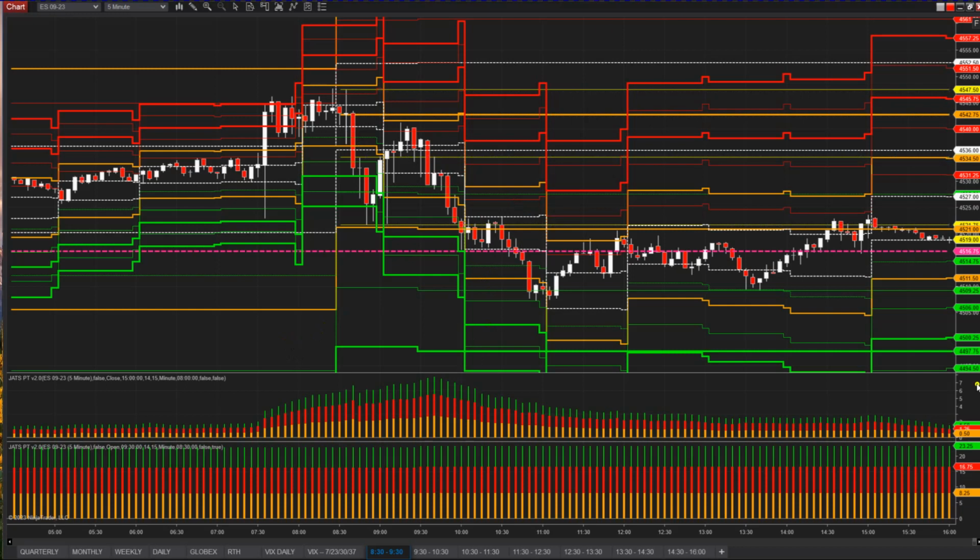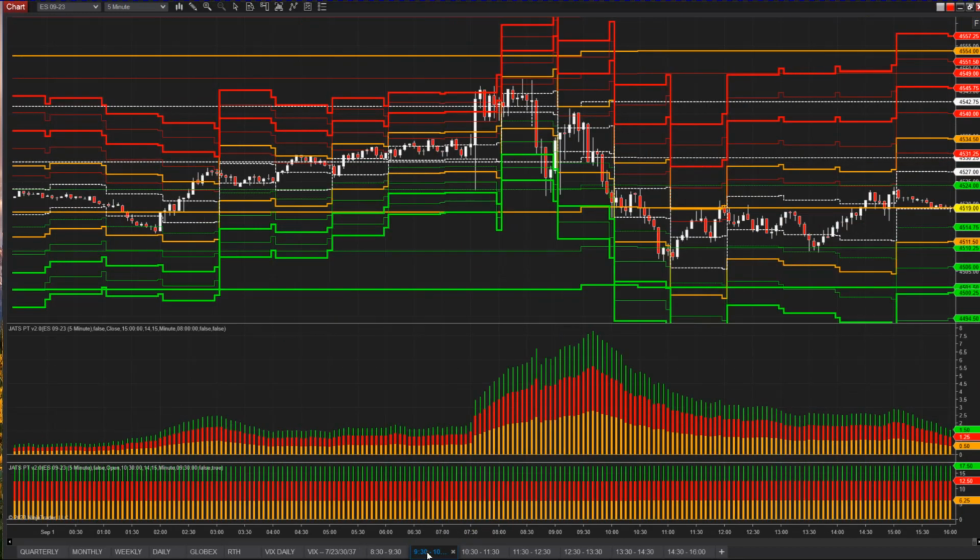So we can extend this out in TPO time increments, half hour times. I think the market, the ES in particular, likes these 30-minute ranges. And put your distributions on for 9:30 to 10:30. Oh, I said half hour. These are hourly.